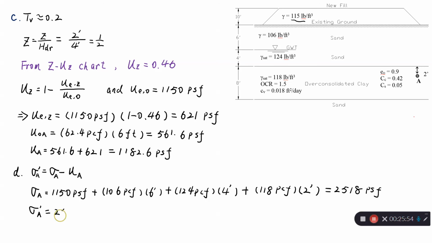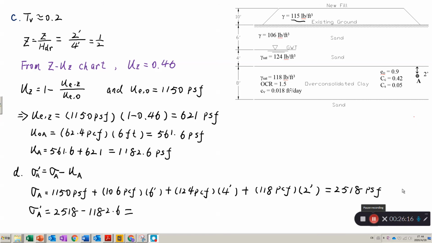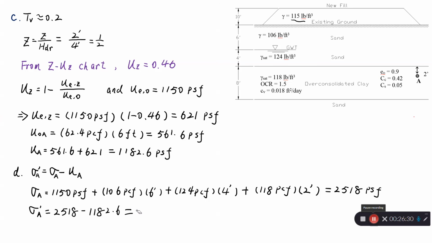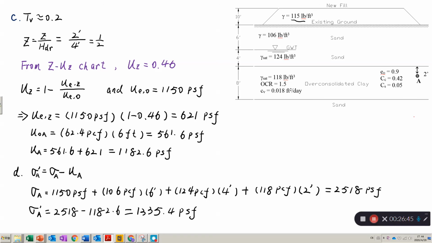So it's going to be 2518 minus this guy, 1182.6 PSF, equals 1335.4.